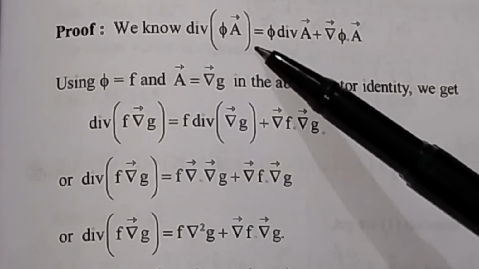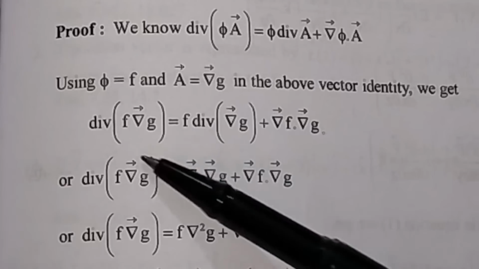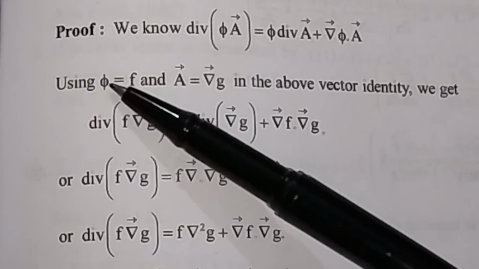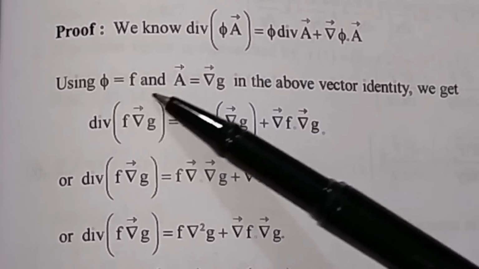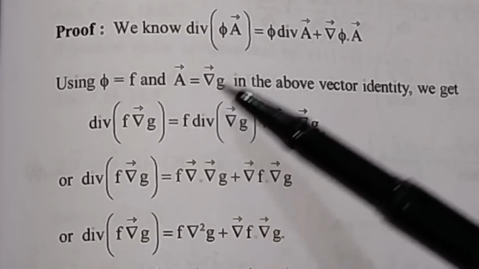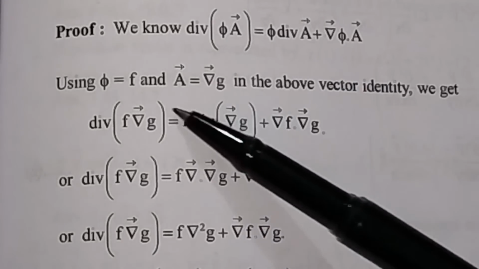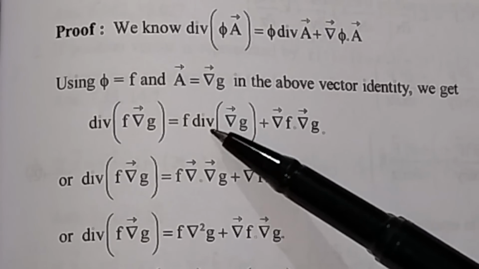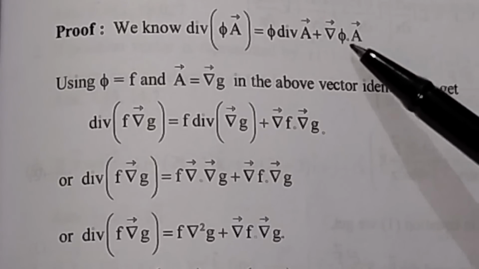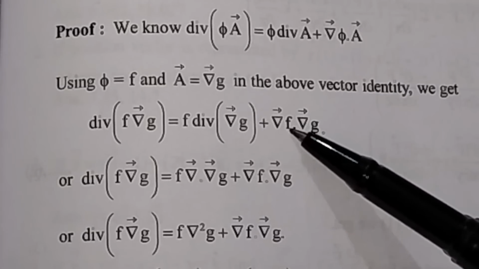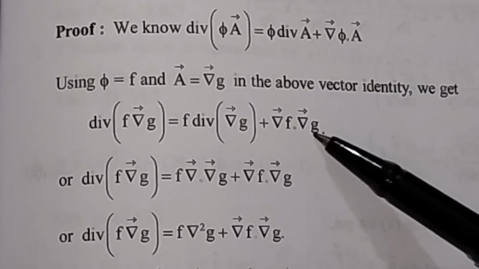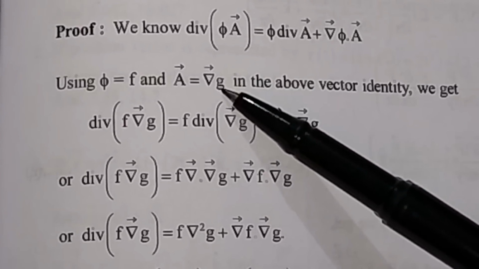And using this identity, you can write that divergence of phi a vector, where we have taken phi equal to f, so f times a vector, which is gradient of g, equals phi divergence of a, so f divergence of a, where a equals gradient of g, plus grad phi dot a, that means here grad f, because phi equals f, dot grad g, because a equals gradient of g we have taken.